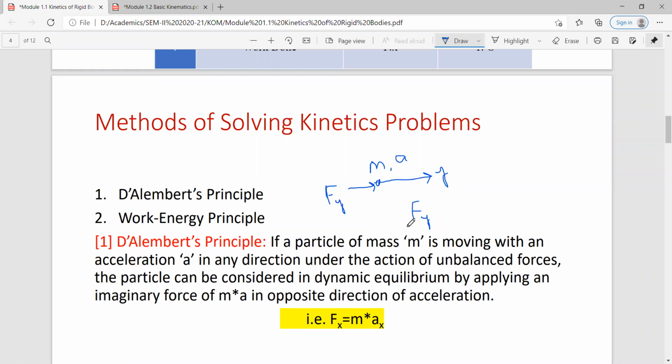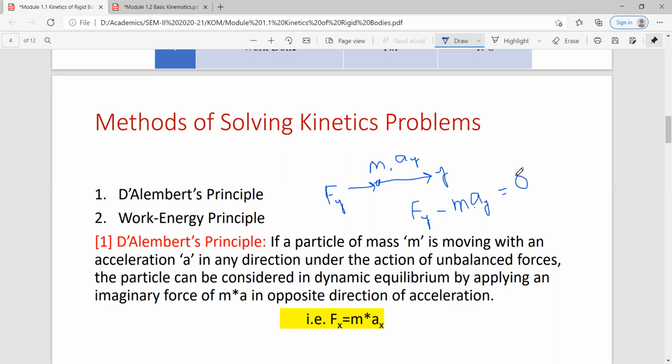If you add to this resultant force an imaginary force which is equal to mass into acceleration in that particular direction, so it is acceleration in y direction, in opposite direction of the active force, means minus, then the body can be considered under dynamic equilibrium.